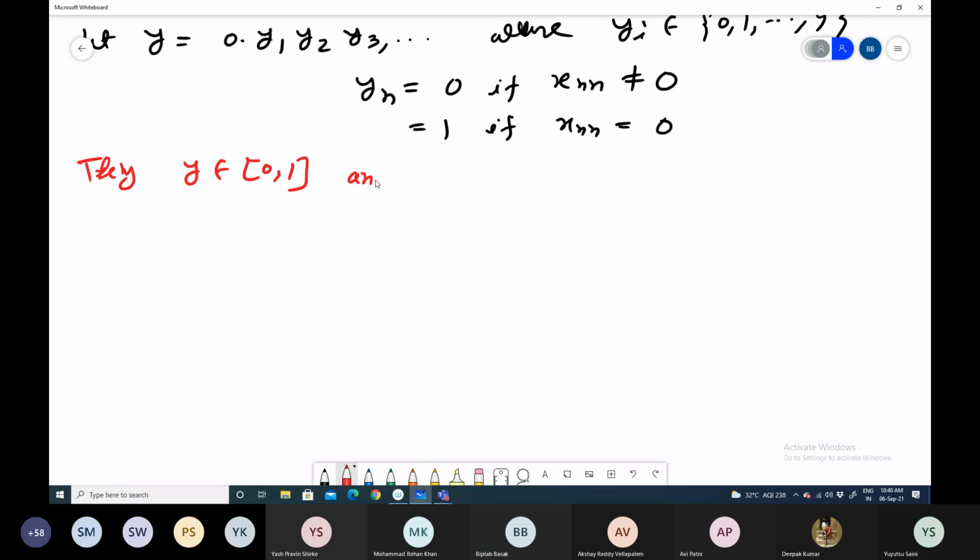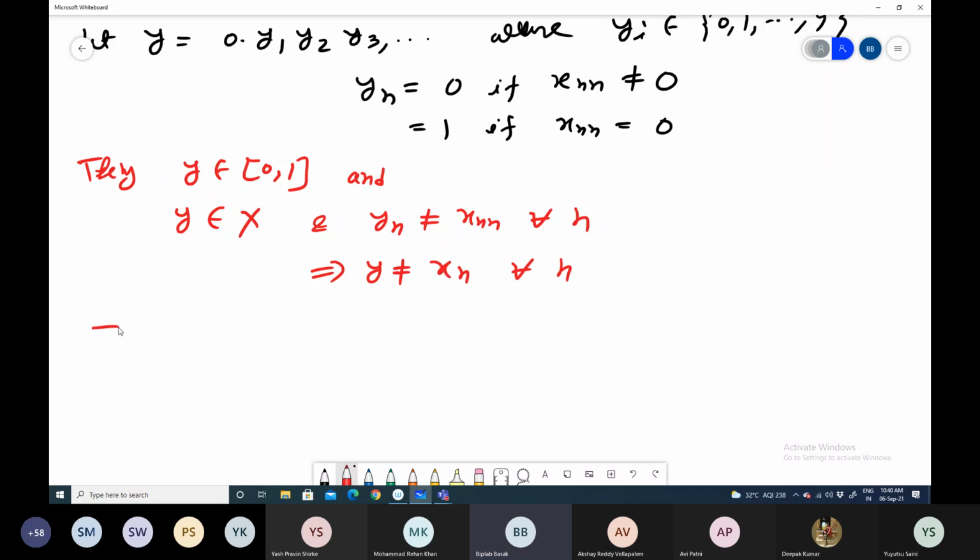And also you can check that y cannot be a terminating decimal because we are not taking 9s, so you can say that y belongs to X as well. And yn is not equal to xnn for all n, so that implies y is not equal to xn for all n.